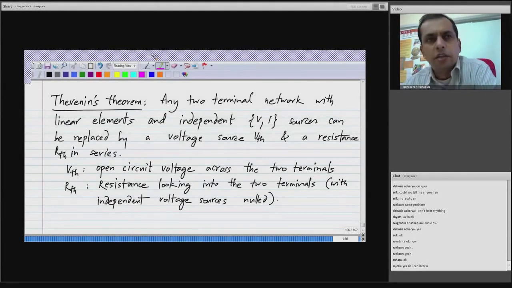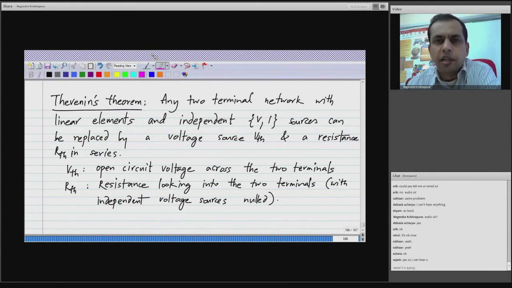I'll repeat what I said. Thevenin's theorem says that if you have a two-terminal network with independent sources and linear elements inside, at the two terminals it can be equivalently represented by a series combination of a voltage source and a resistance.